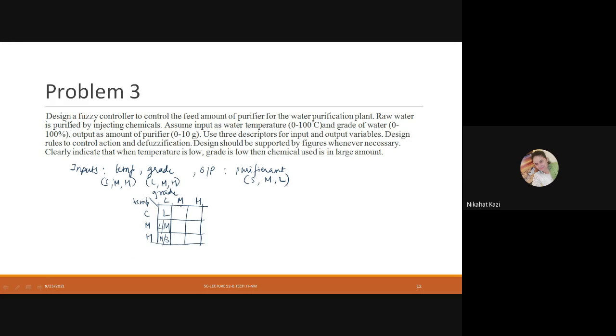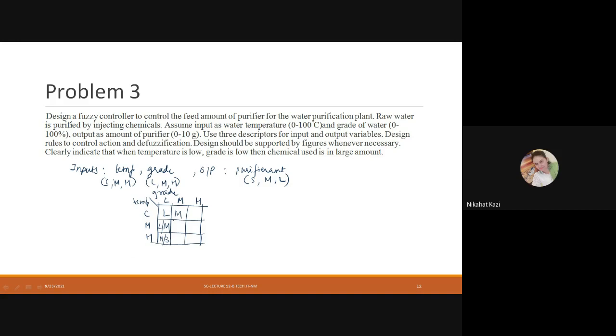Next. Now the grade has improved. Grade is medium and temperature is cold. Then in that case, what will come here? What should happen with the amount of the purifier? Grade is better, temperature is still low. M or L. Yeah.